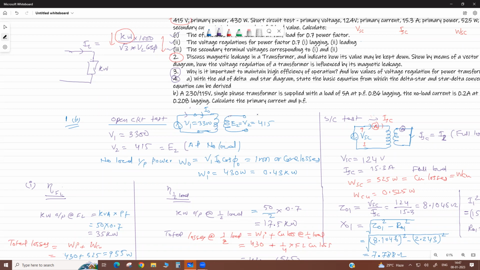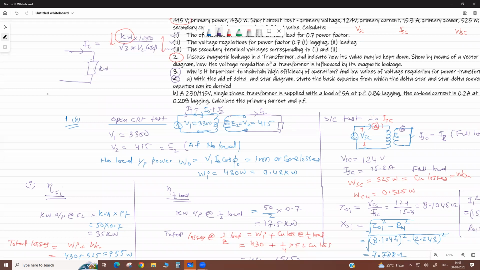But when we put a load here, the transformer takes a load current I1. Now I2 is the load current, and I2 dash. If there is a full load, then it is the full load current. But if your load is half, this current is half the load current.